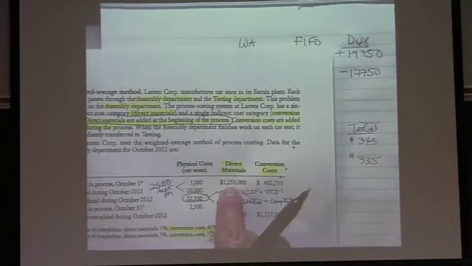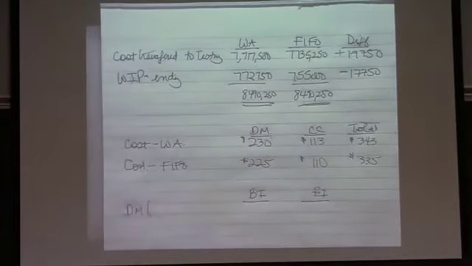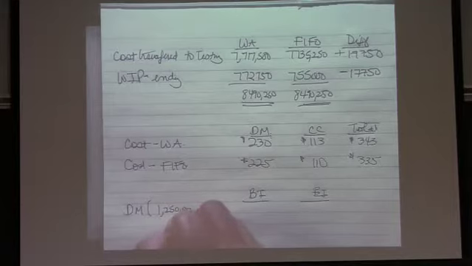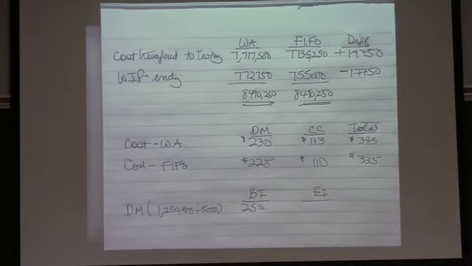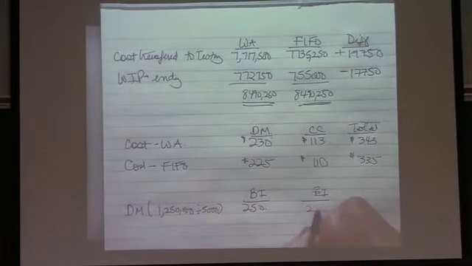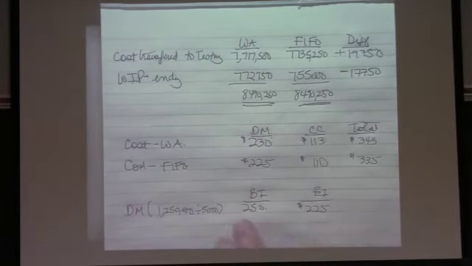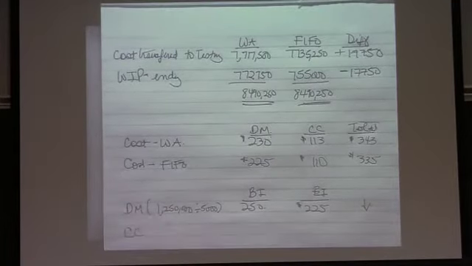So 1,250,000 divided by 5,000 would have been $250. Now what was the cost for the current period? It was $225. You can see that the cost is going down, right? So it's decreasing.